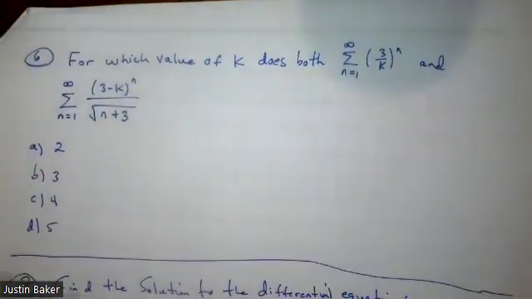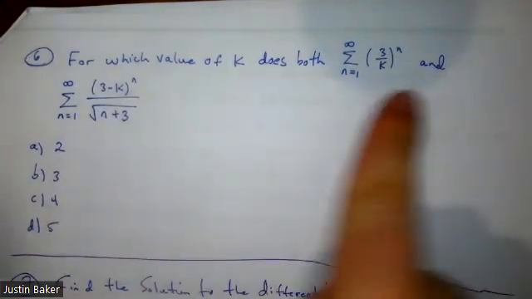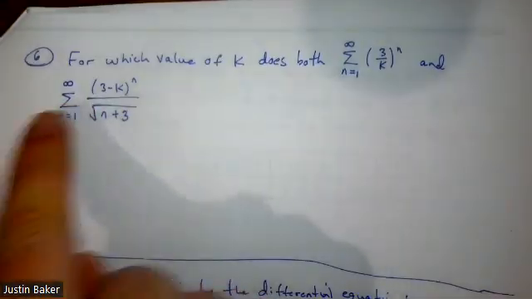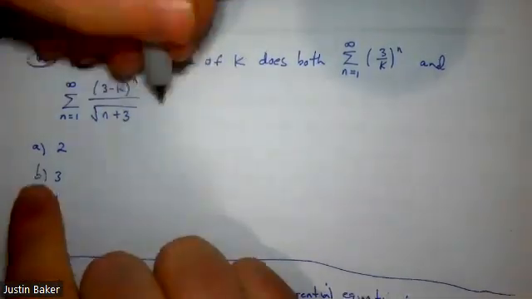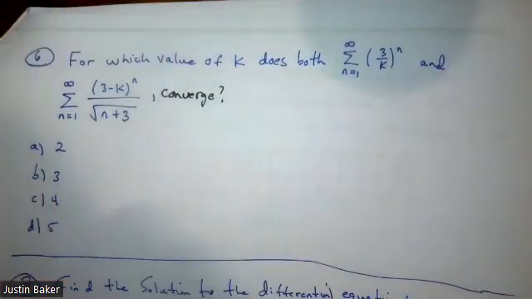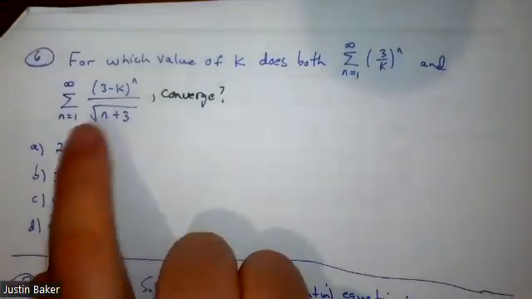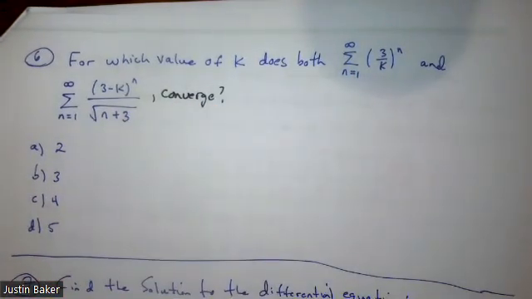For which value of k does both this and this converge? For which value of k does both this one and this one converge?